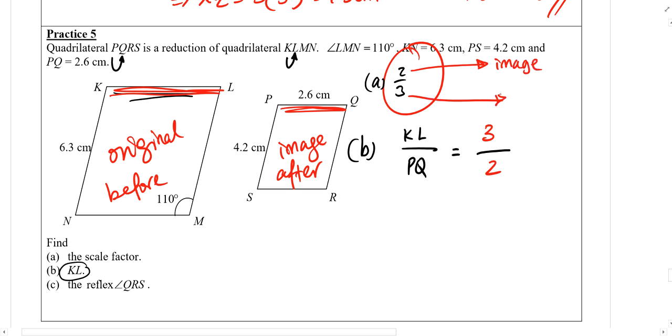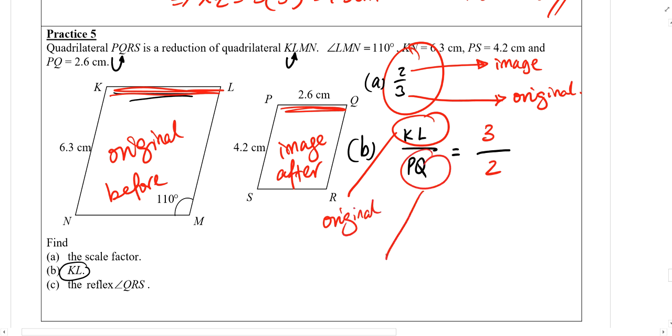Our denominator was our original. Now I am trying to find KL, which is part of the original, divided by the image. So I cannot have it as the scale factor of 2/3, because this 2/3 is our image. This 3 will be our original.